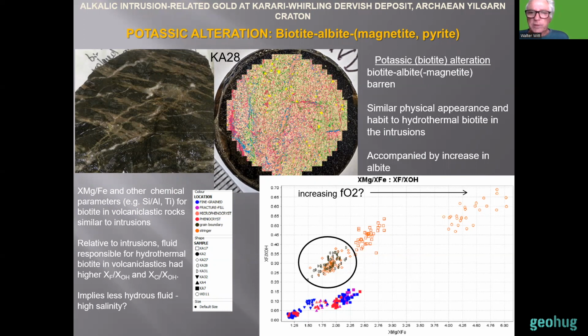As well as being similar in appearance, the hydrothermal biotite in the volcanoclastic rocks has a similar composition to the hydrothermal biotite in the intrusions. That's illustrated in the XY diagram there, where the intrusion-hosted biotite in red and blue can be compared with the hydrothermal biotite in the volcanoclastic rocks, which are shown in black.